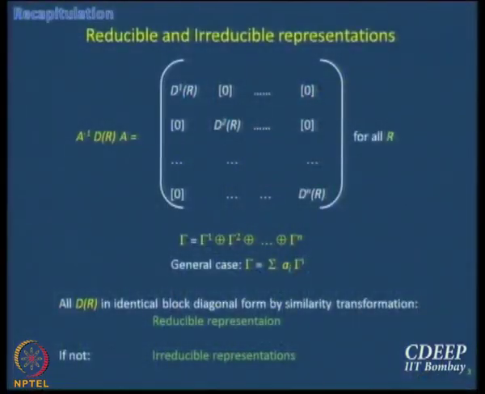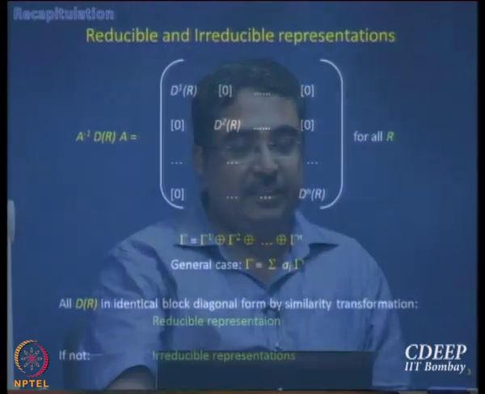Now, we will learn how we can break up reducible representations into their constituent irreducible representations without having to do a similarity transformation. That we will learn in one of the next few classes. So, if it is possible to change all the matrices into identical block diagonal form by the same similarity transformation, if it is X inverse and X, you have to use X inverse and X everywhere.